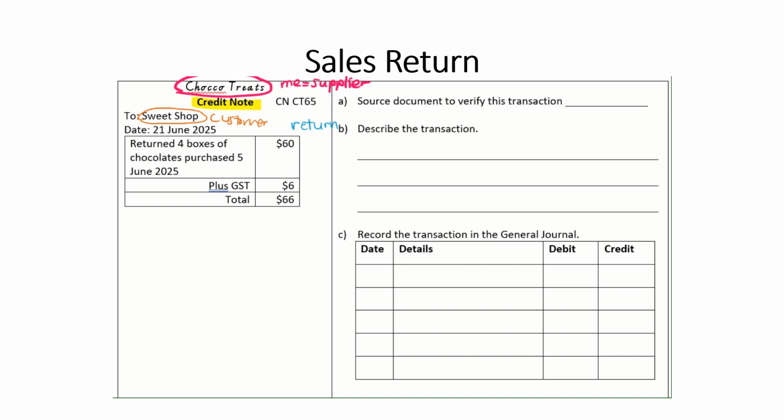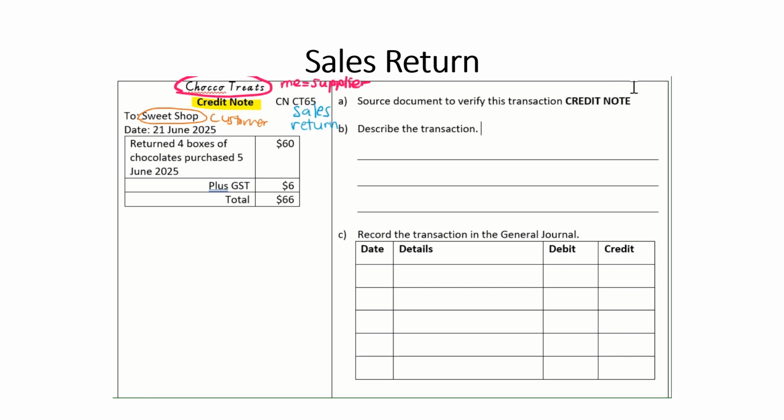Since this is a document that was issued by us to the customer, this transaction involves the customer, we can therefore conclude that this is a sales return. The source document that is used to verify a sales return is a credit note.